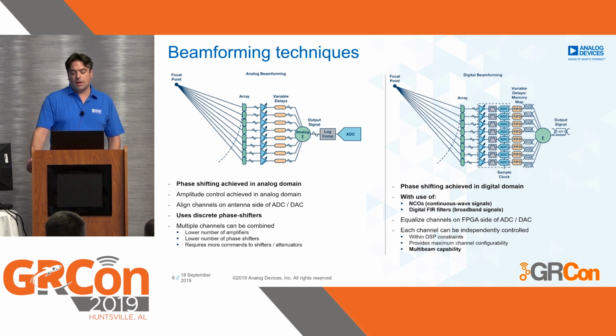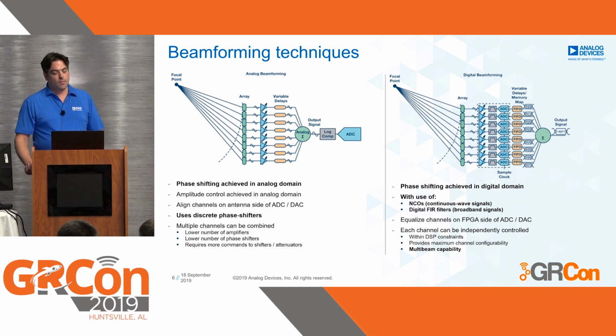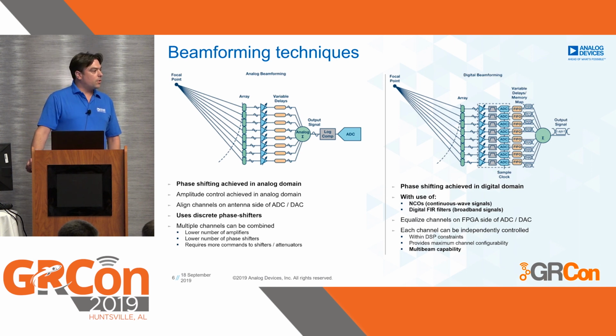The main advantage is the multi-beam capability of such a system. You can steer out multiple beams at the same time, and you can steer them really fast. There are also mixtures between analog and digital beamforming, called hybrid beamforming, where you use both techniques at the same time.